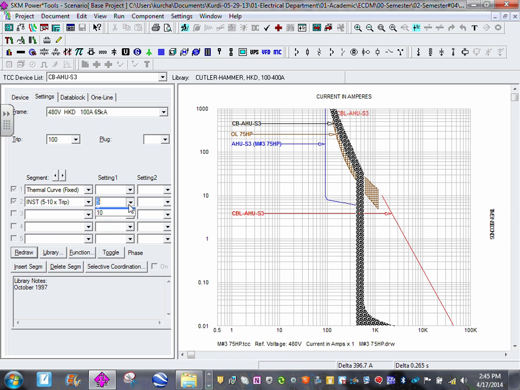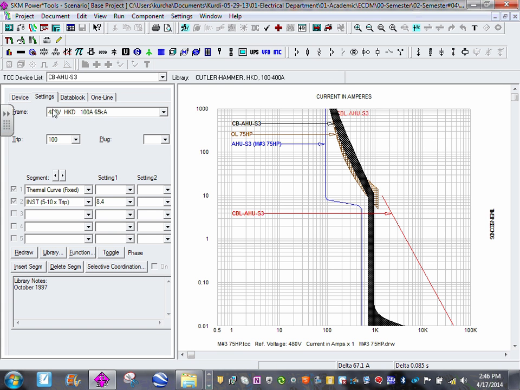I can set my instantaneous to 5 or 10, and when you move the instantaneous, it allows your motor to start. That's if there's no VFD. So that's what I say: the adjustable circuit breakers allow you to adjust really well, allowing the motor to start and at the same time not oversizing the circuit breaker. Do you guys want to go size now? Let's.